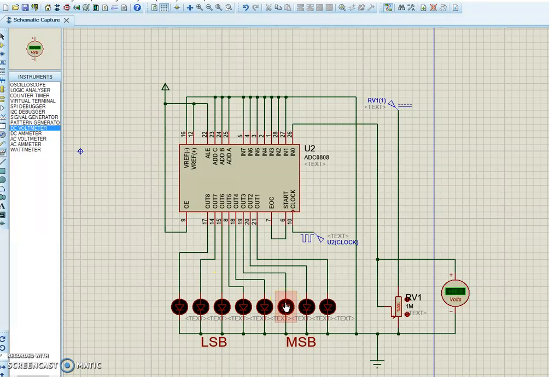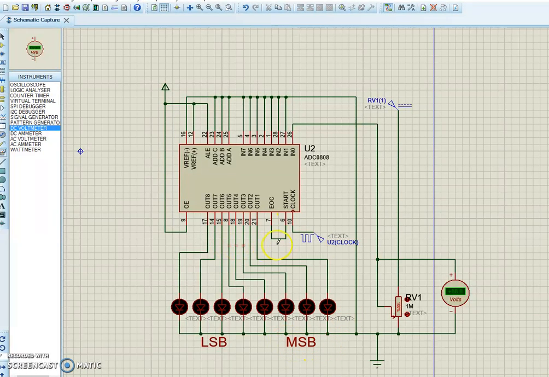Output 8 is the least significant bit, and output 1 is the most significant bit. So output 8 is actually bit 0, output 7 is bit 1, and output 1 is actually bit 7. That's why I put the LSB and MSB labels.